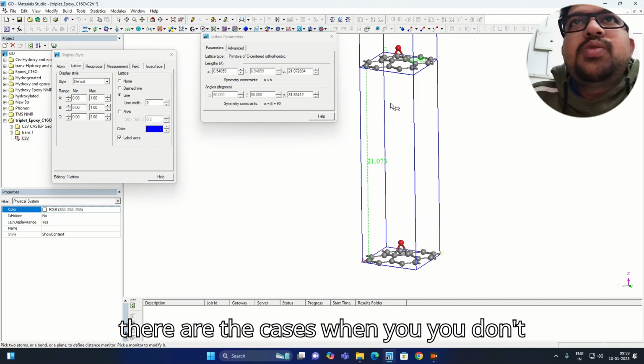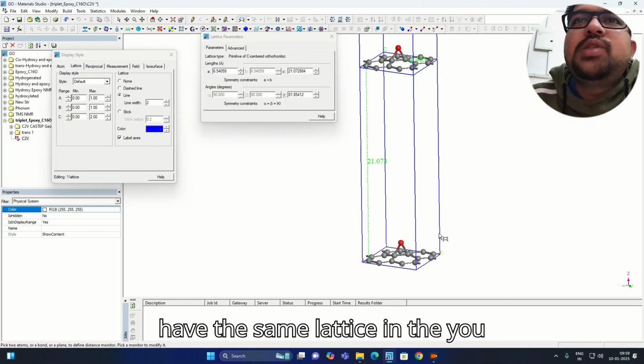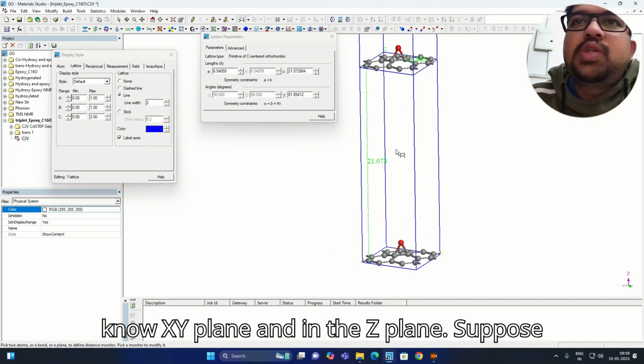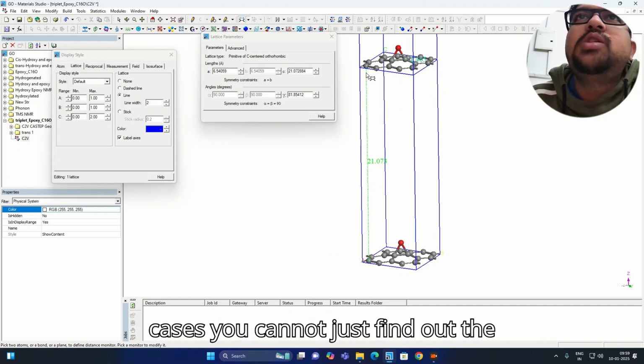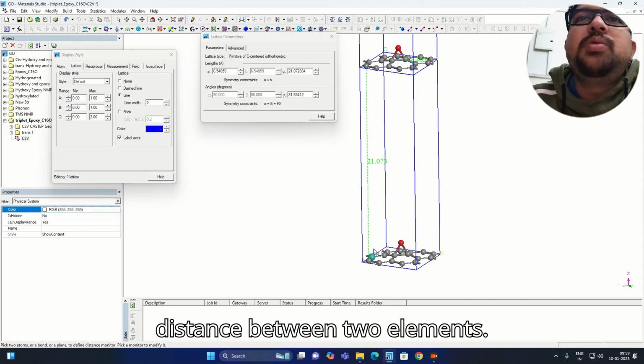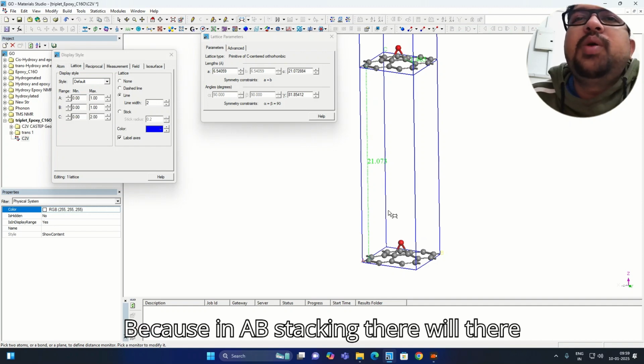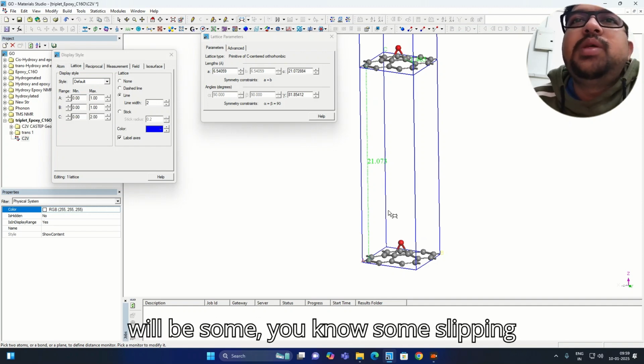But there are cases when you don't have the same lattice in the xy plane and in the z plane. Suppose you are having AB stacking. In those cases you cannot just find out the distance between two elements, because in AB stacking there will be some slipping angle.